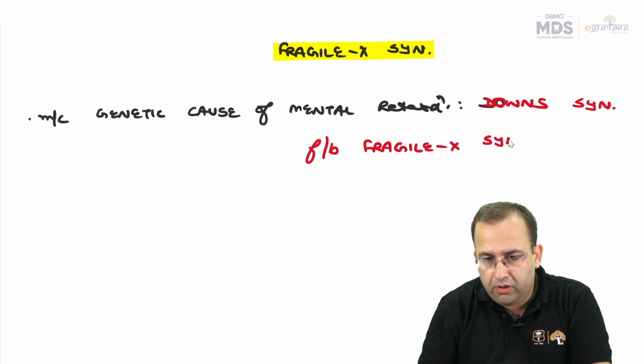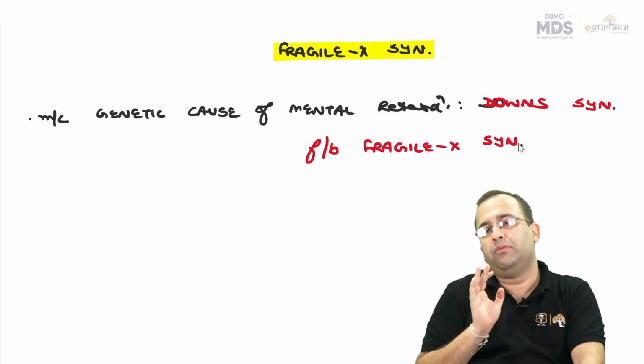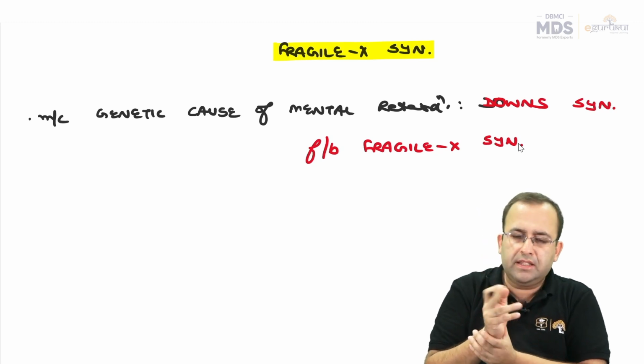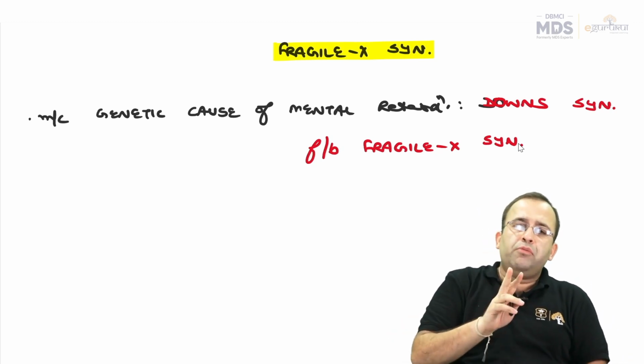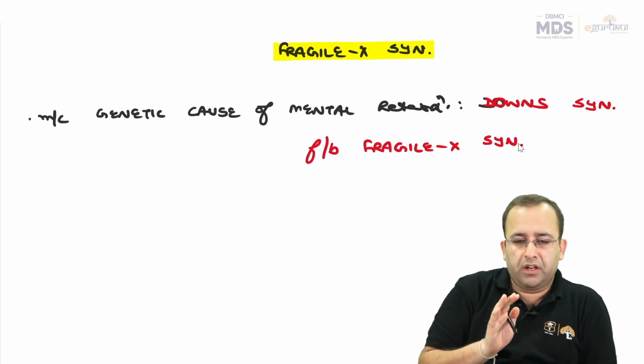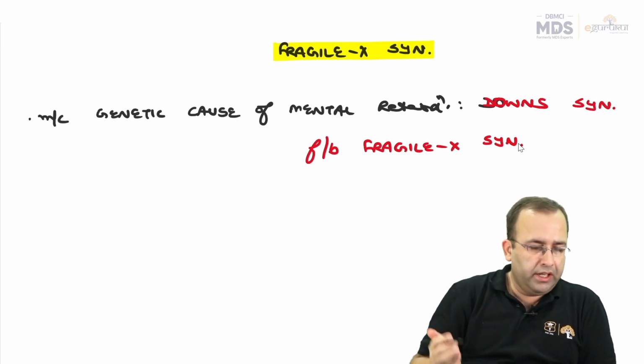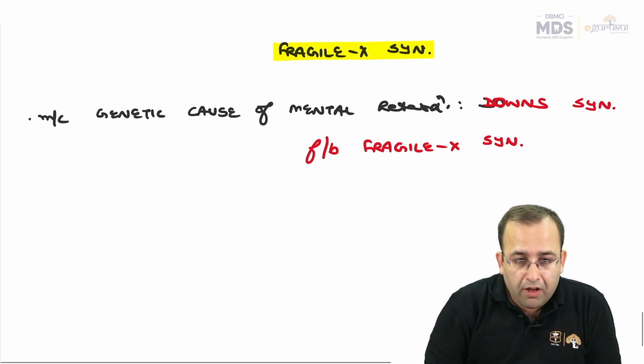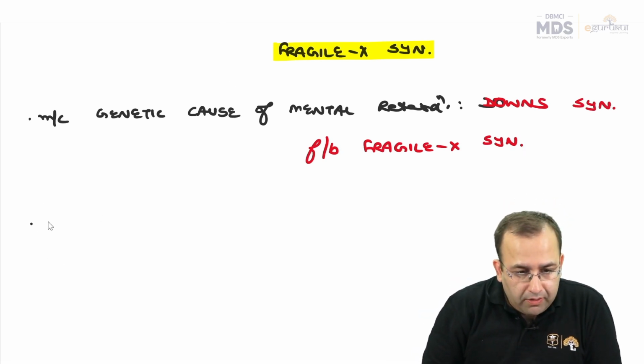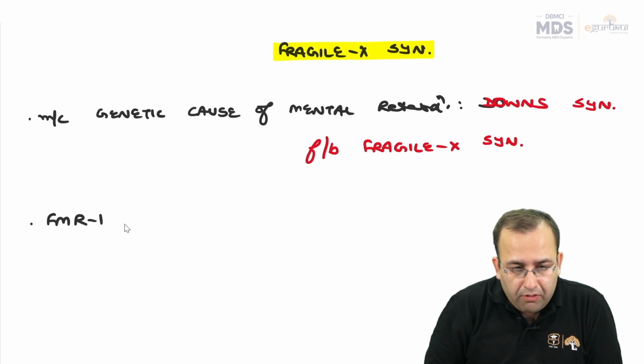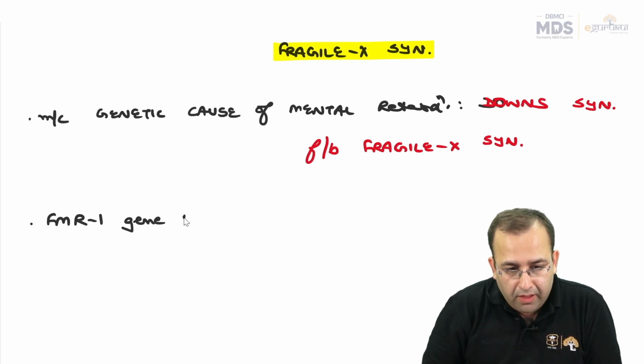So I can safely say, the second most common genetic cause of mental retardation is Fragile X. Fair enough. Fragile X syndrome is associated with FMR1 gene mutations.